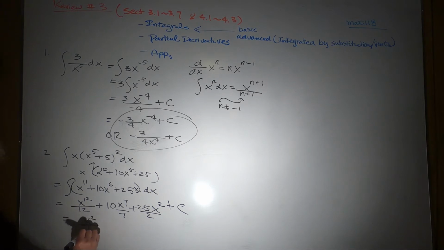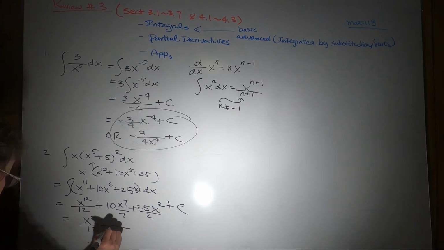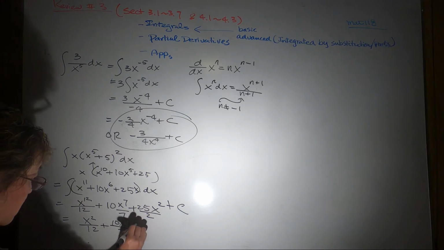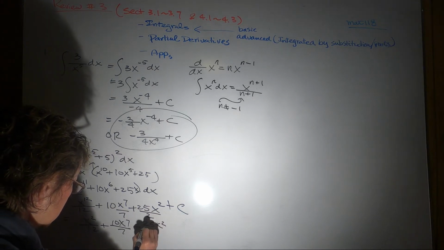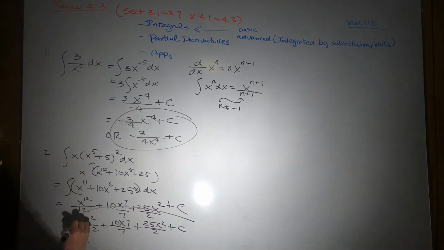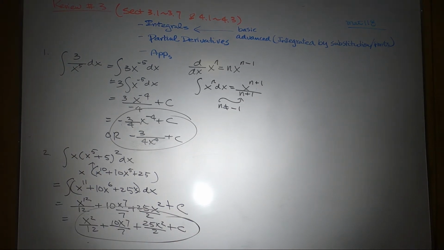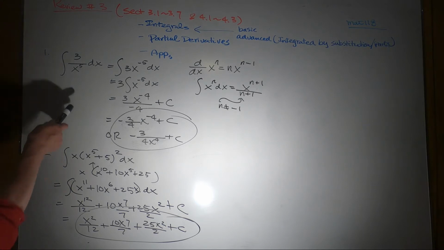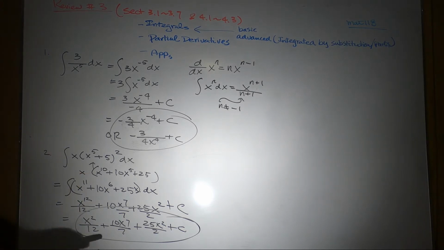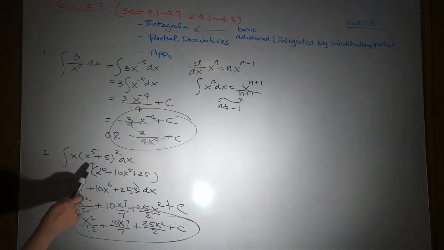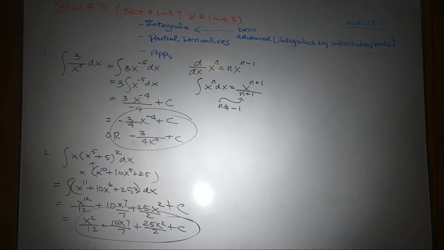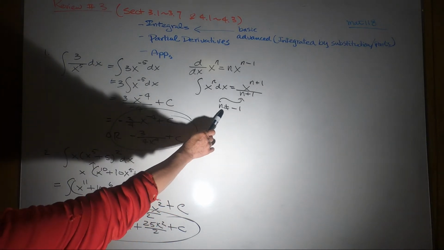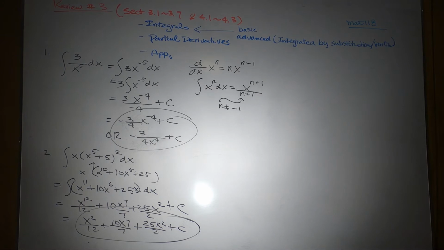So you can write it this way: x^12 over 12 plus 10x^7 over 7 plus 25x squared over 2 plus c. That would be your answer. So we just practiced the simple integration for polynomials, either negative power or regular powers, as long as the power is not -1.